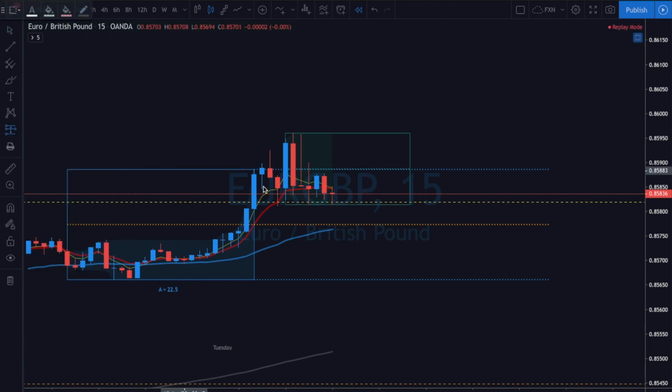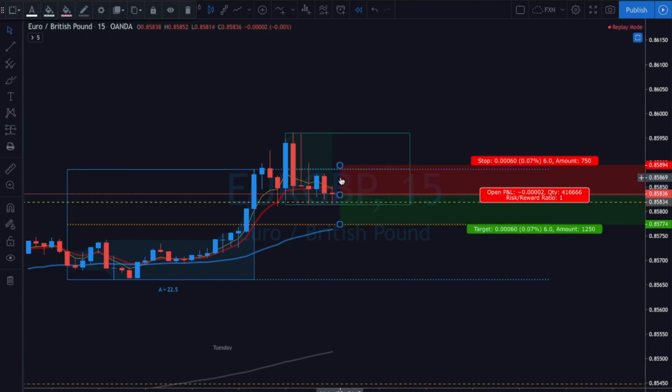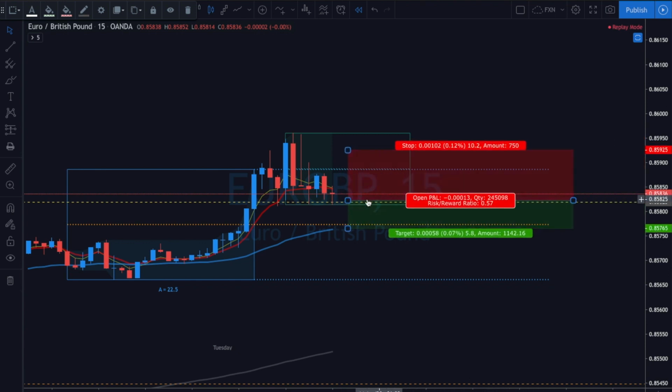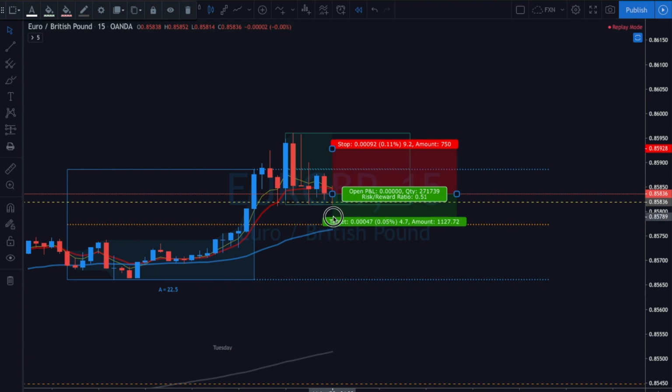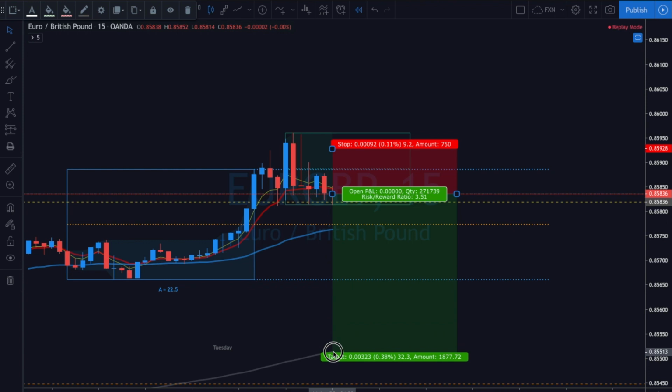So what does this entry look like basically, right? So the entry looks like this. If we scrunch this up here a little bit, your entry is going to be after this candle because that's when the crossover happened. Your take profit is essentially going to be the 200.